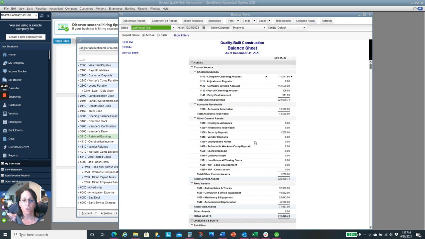As a quick reference, there are other things that will show up in your current assets, like employee advances and vendor deposits. That would be something like, maybe you had to put down $1,000 for something to hold it.